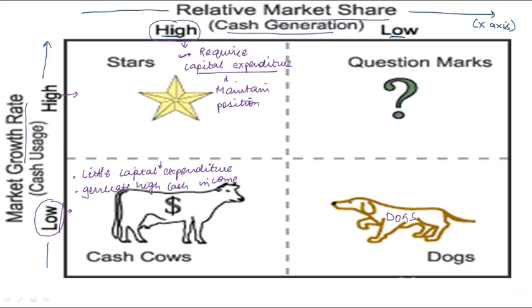By making just a little capital expenditure, you can generate high cash income. आप already high पे हो और ऊपर ही जाओगे इससे, right? Okay. Now, these cash cows can be used for financing the stars.